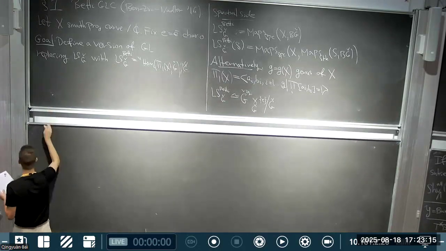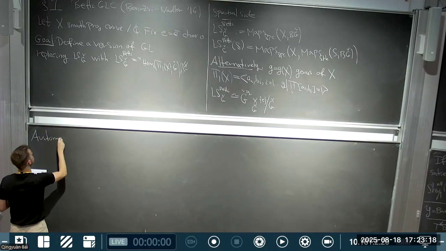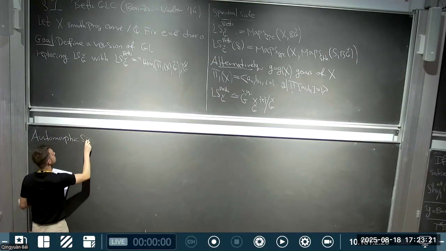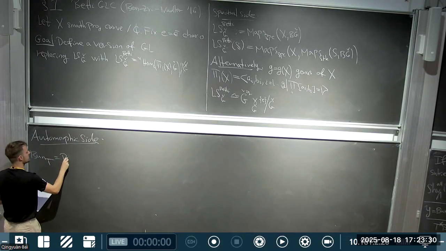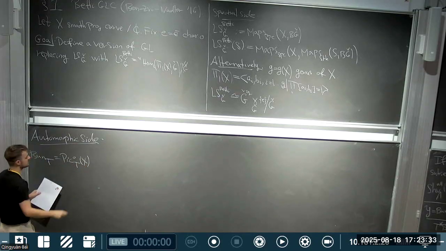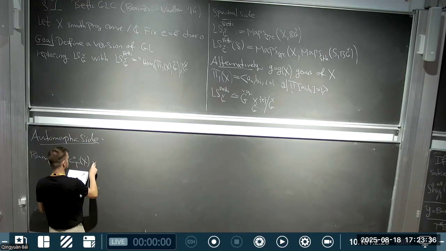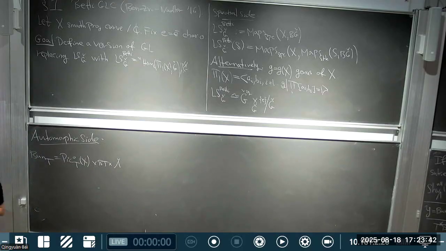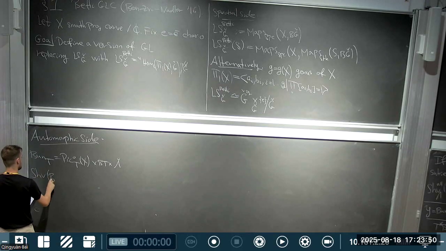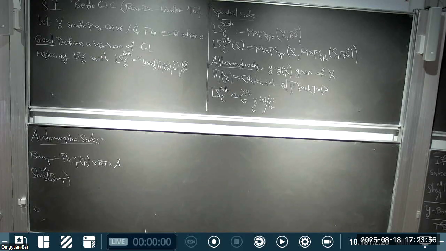Let's continue. So the Betti stack of T in this case also has a decomposition. It's degree 0 T-bundles on X times the classifying stack for T, and then the coweight lattice. So let's consider sheaves on it whose singular support is contained in the zero section.